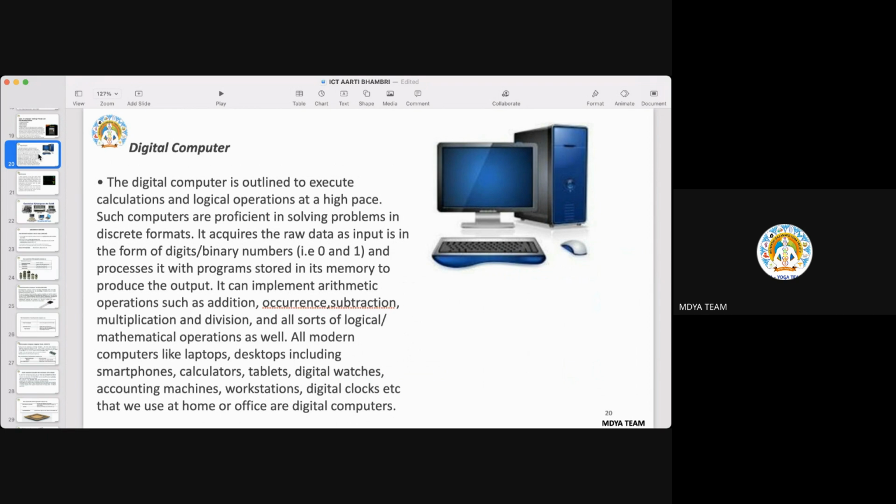It is designed to execute calculations and logical operations at high pace. Its speed is also very, very high. If you compare analog versus digital, digital computers are faster because they do not have to track the continuous values of a signal at each and every fraction of a second. They don't have to trace so much. They just have simple combinations of zeros and ones, and they assemble them and give you the values.